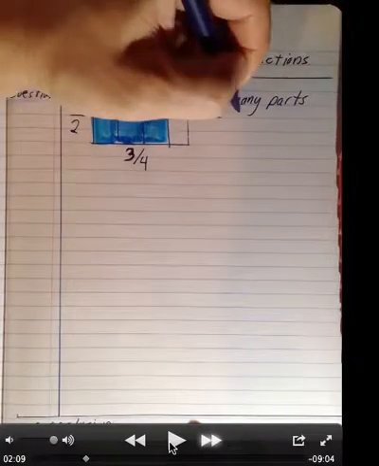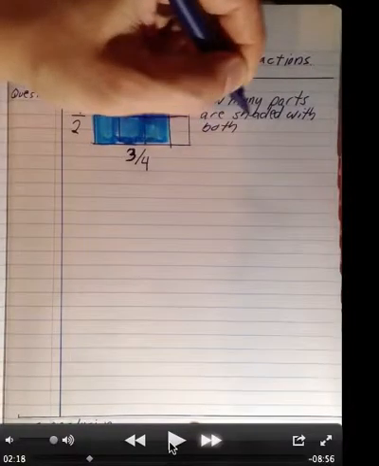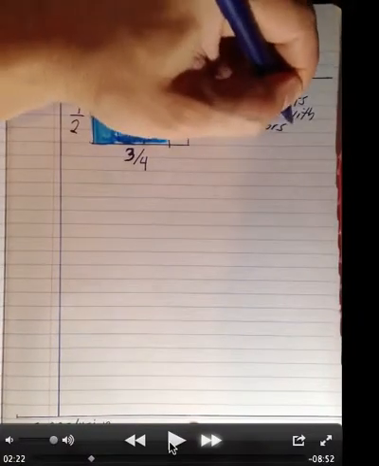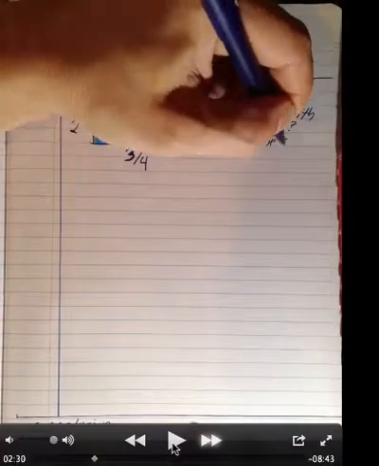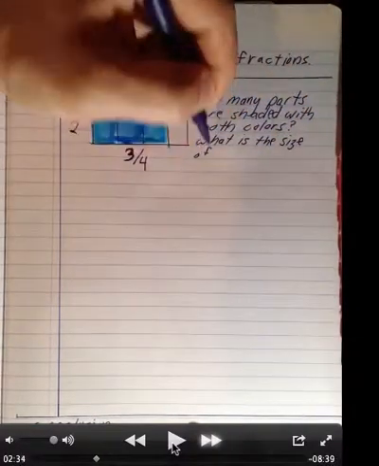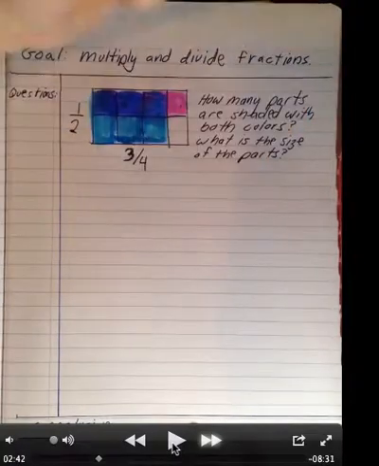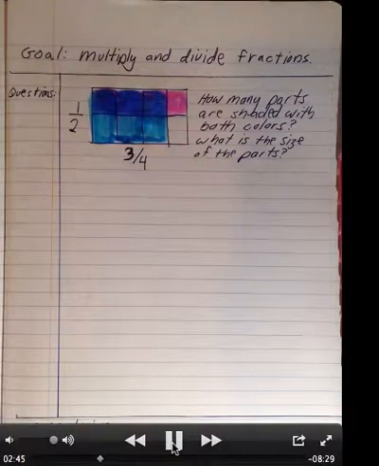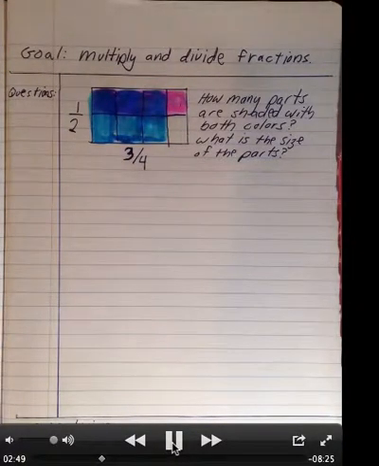So how many parts are shaded in both colors, and what is the size of the parts?